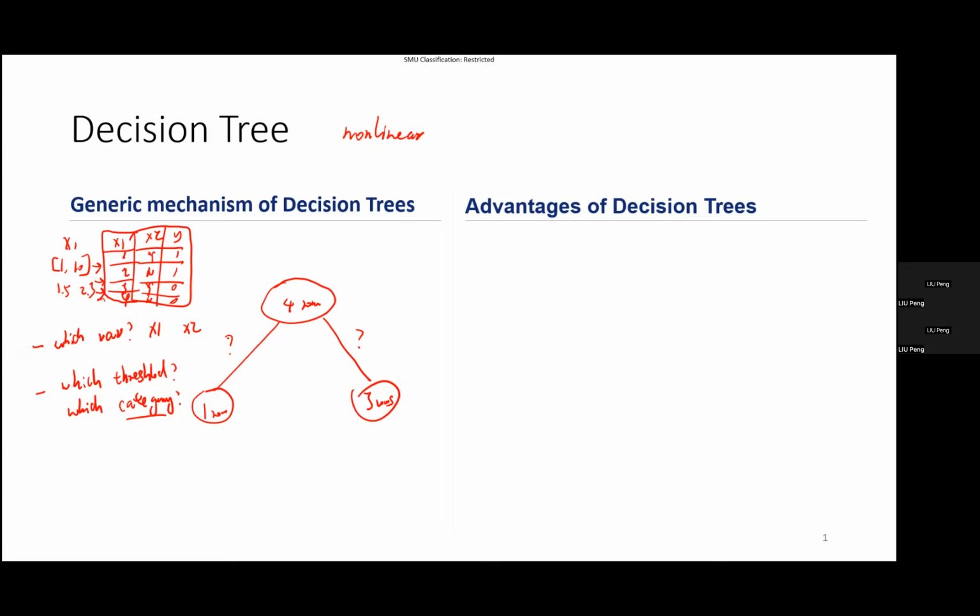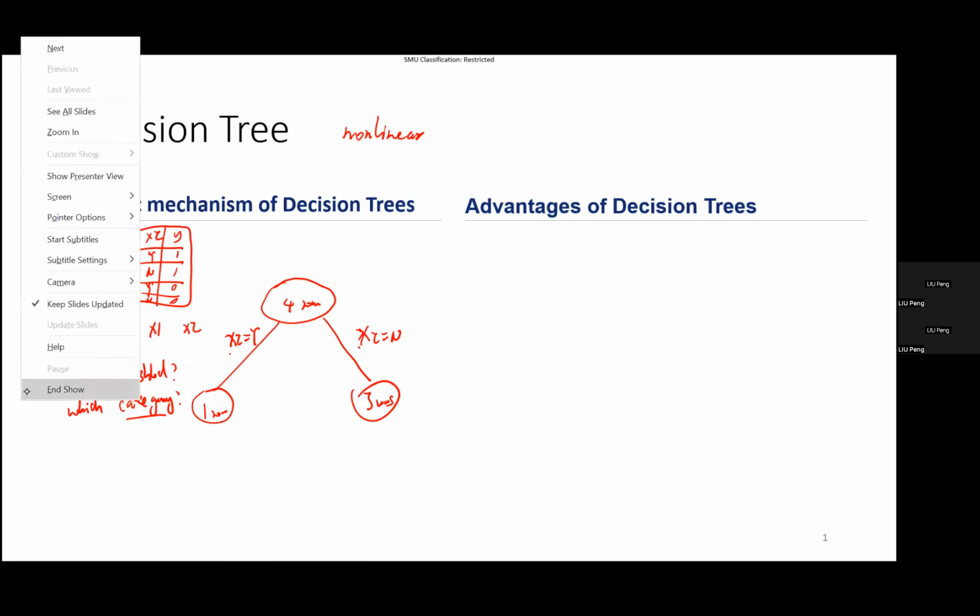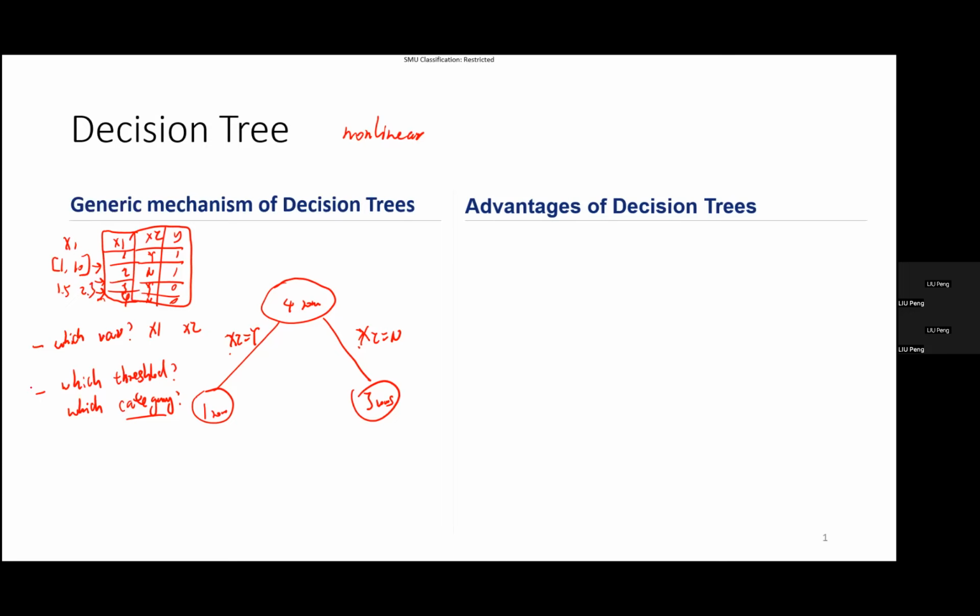So let's take X2 for example. If X2 is equal to yes, and then the other side would be X2 equals no. So this is a decision here, and basically this concerns these 2 choices. We will first focus on the second choice.